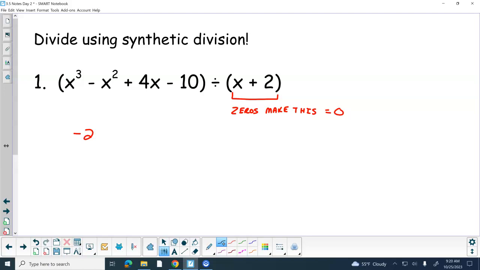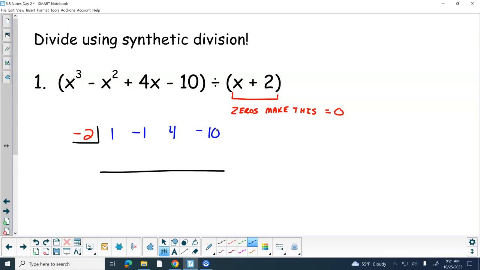He draws his like this. I usually draw mine like this. Doesn't really matter. Inside go the coefficients. You start with the biggest exponented term, and then you have a coefficient all the way down. So 1, -1 for x squared, +4 for x, and -10 for the constant.